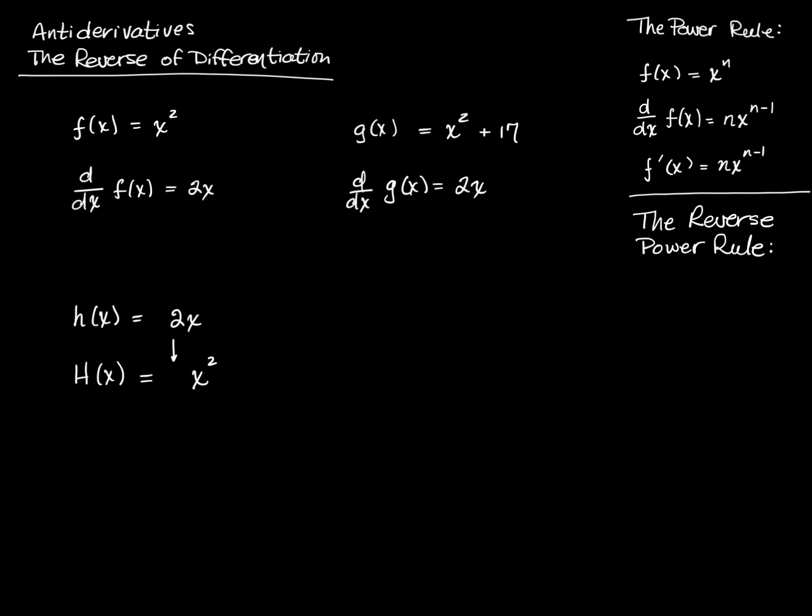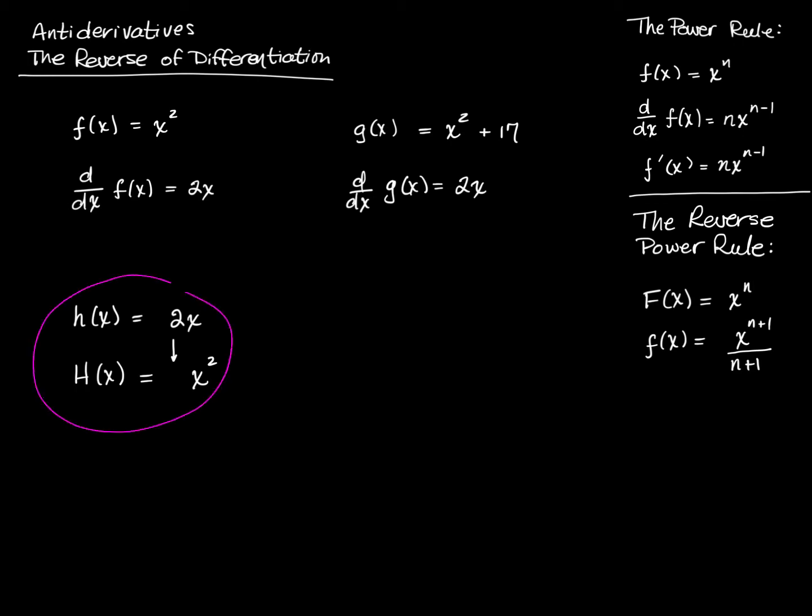If we have a function, big F of x, that we know is the derivative of some function, then the function it's the derivative of, we'll call that little f of x, must have a power that is greater by 1, and instead of bringing down the exponent and multiplying, we're going to divide by the new exponent. We call this the reverse power rule for anti-differentiating a polynomial term.